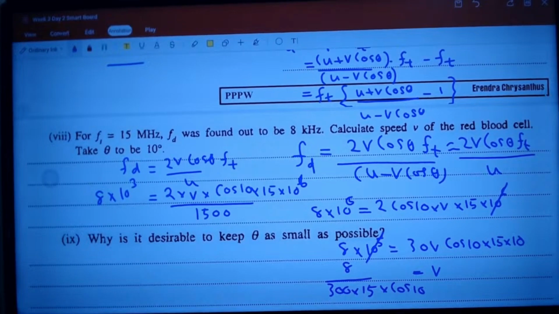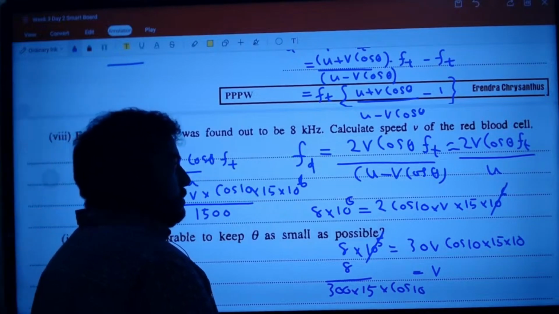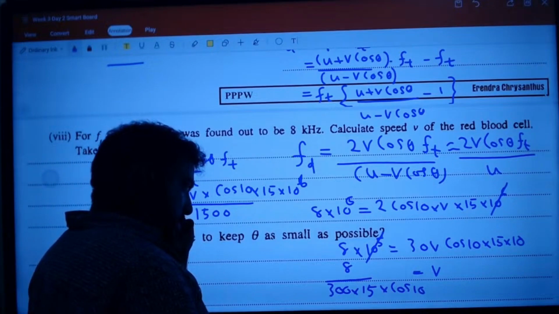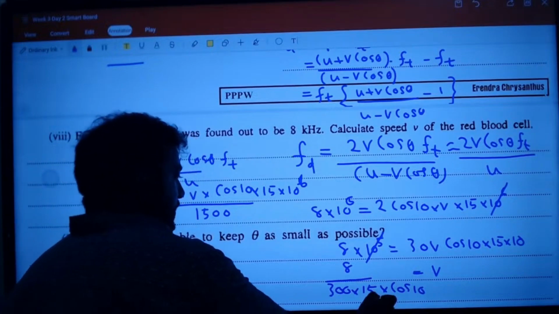What's the value for cos 10? Carefully look at theta. The smaller the theta, cos 0 is actually 1, so cos 10 is approximately 1.